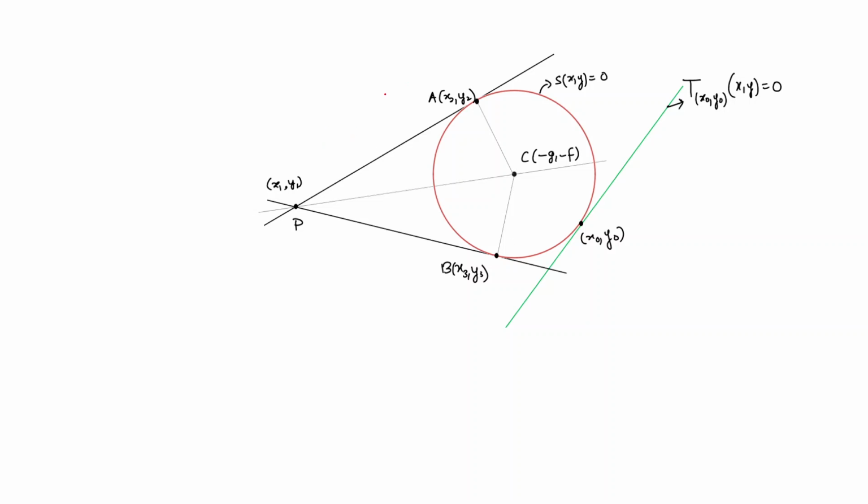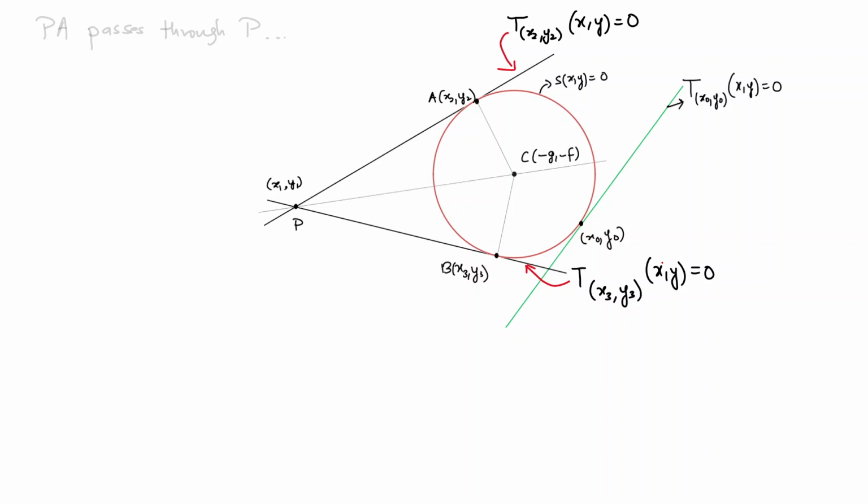So the tangent PA will have the equation T(x2, y2) = 0, right? Because (x2, y2) is on the circle, you write the tangent expression T at (x2, y2), and you get this. The tangent PB will have this equation, with T written according to the point (x3, y3), and you will get this tangent. We have already proved it.